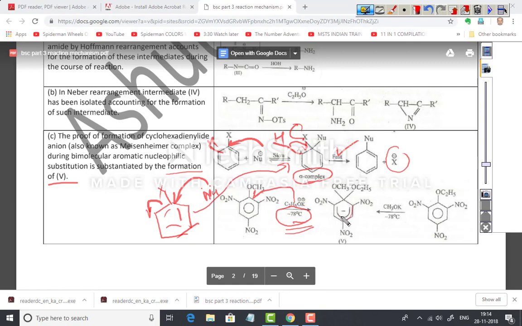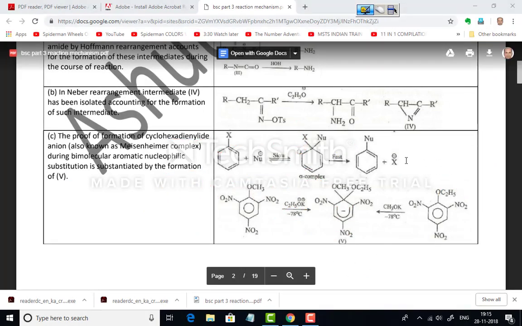Similarly, if we had taken OC2H5, the intermediate 5 would have been the same. So this tells that the formation of the cyclohexadienylide anion during bimolecular aromatic nucleophilic substitution is substantiated by the formation of the fourth.